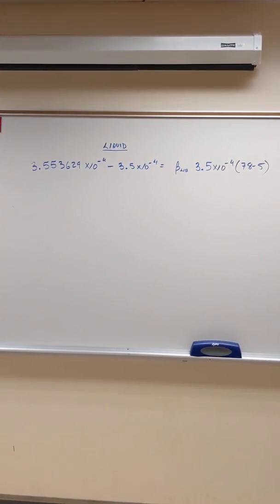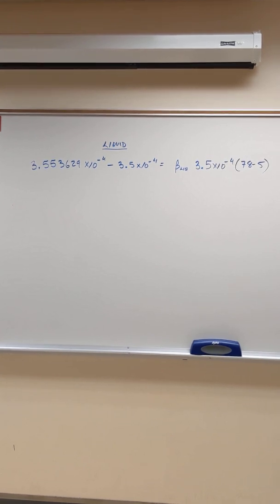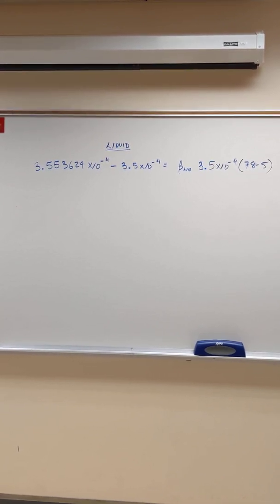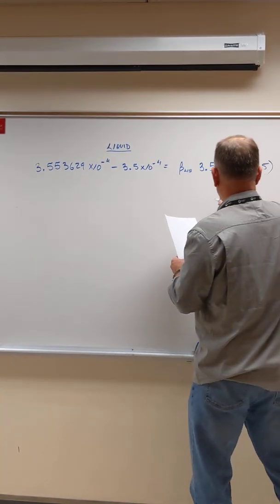Well, I'll tell you. I've got a number here on this sheet of paper. Does it start with a 6? Nope. Anyone else? 2.099 times 10 to the negative 4? Yes.